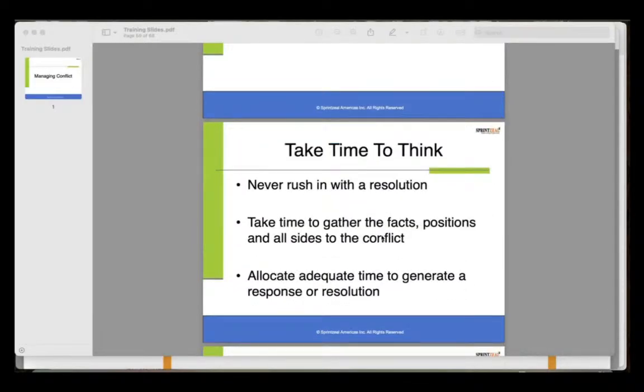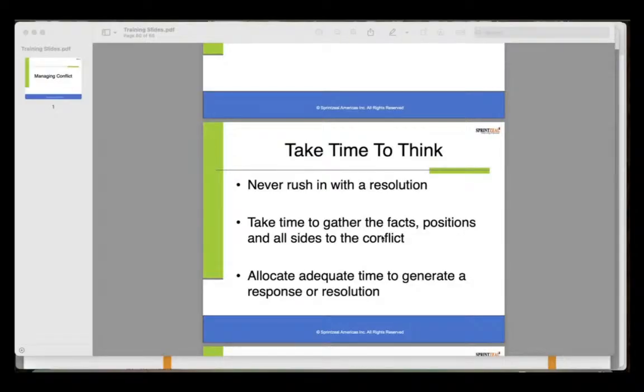Next thing that we should keep in mind while handling a conflict is to take time to think. We should never rush in with a resolution. This might seem very simple, like okay, these are the steps, and we can quickly do a resolution. But you should not rush.